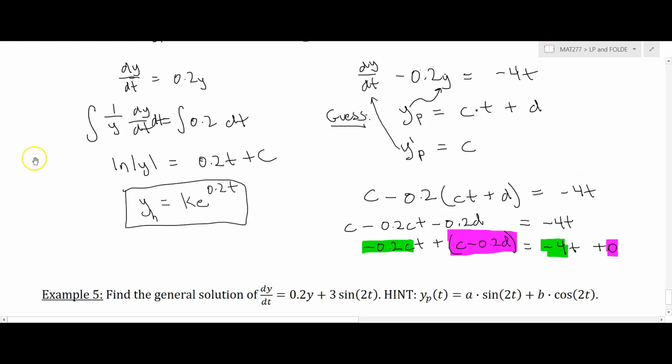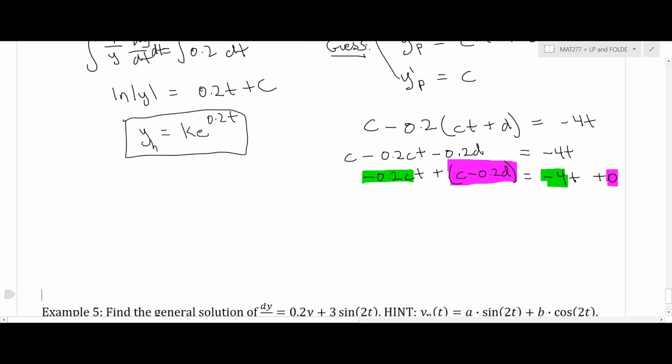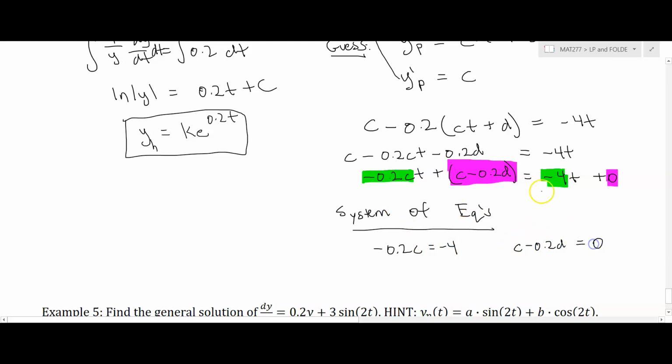So basically what this gives me is a system of equations that must be true: -0.2c has to equal -4, and it must also be the case that c minus 0.2d equals 0. Now this equation allows me to solve for c right away.